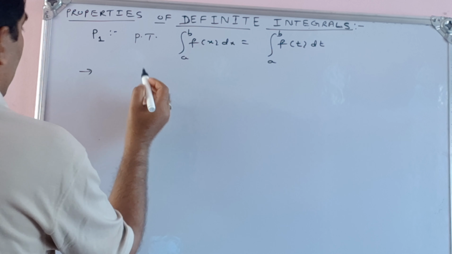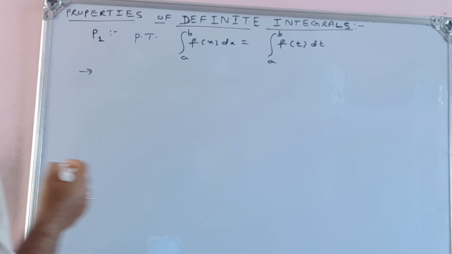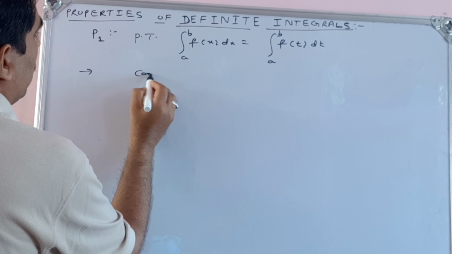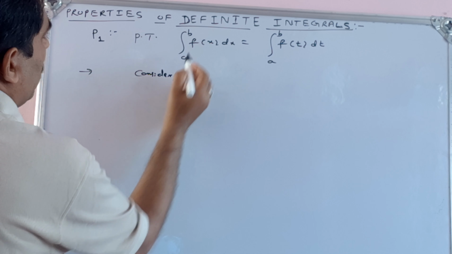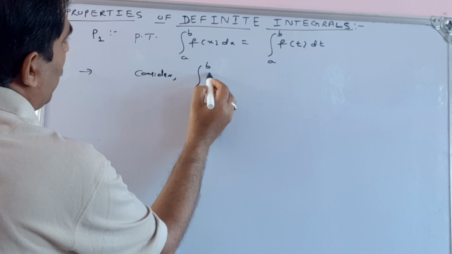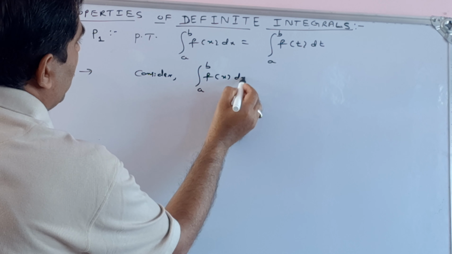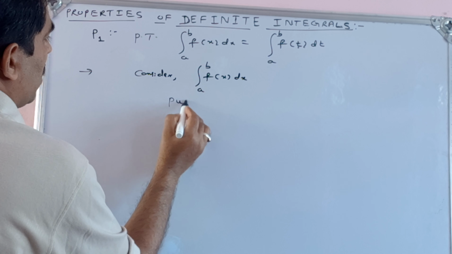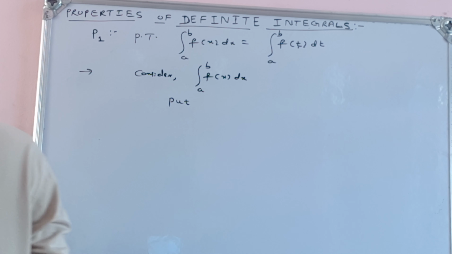Consider the integral on the left hand side. What is given on the left hand side? The integral from a to b of f of x dx. Instead of x, we have t, so let us use the substitution method here.